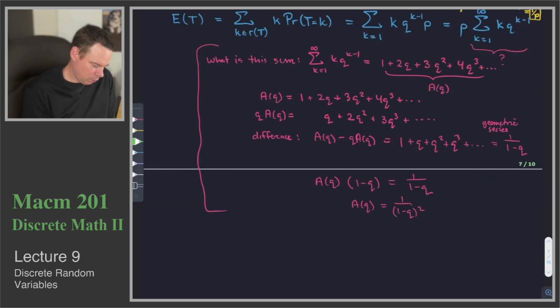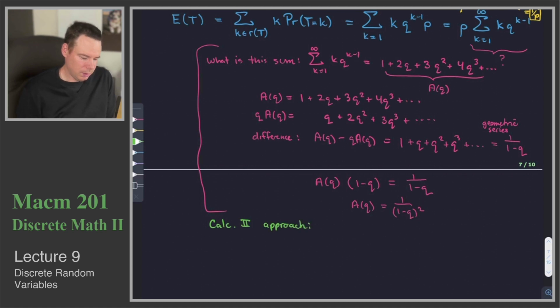Now for those of you familiar with Calculus 2, we could do a Calculus 2 approach to get the value of that sum. Now what would our Calculus 2 approach be?